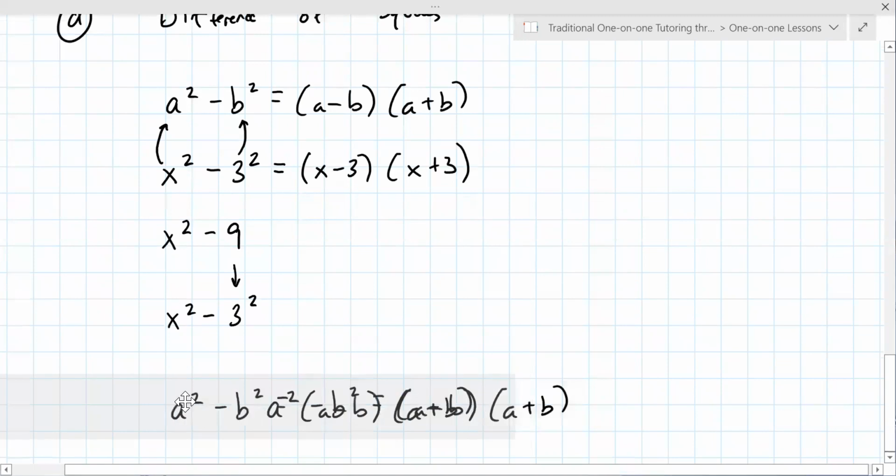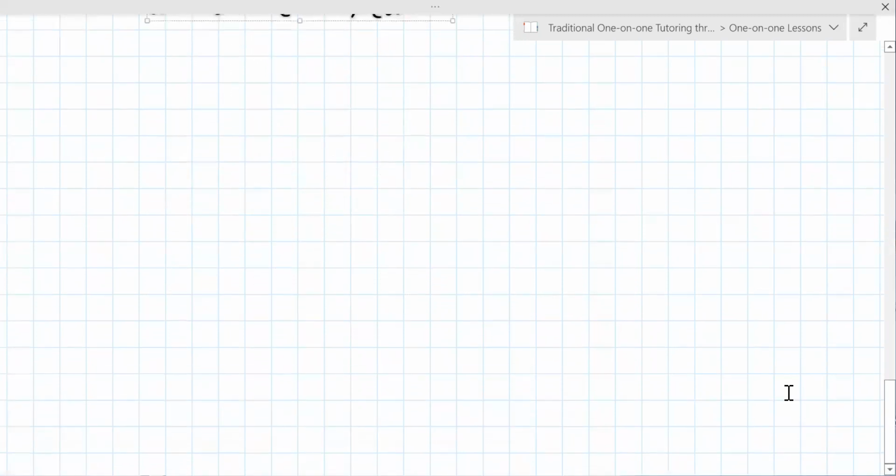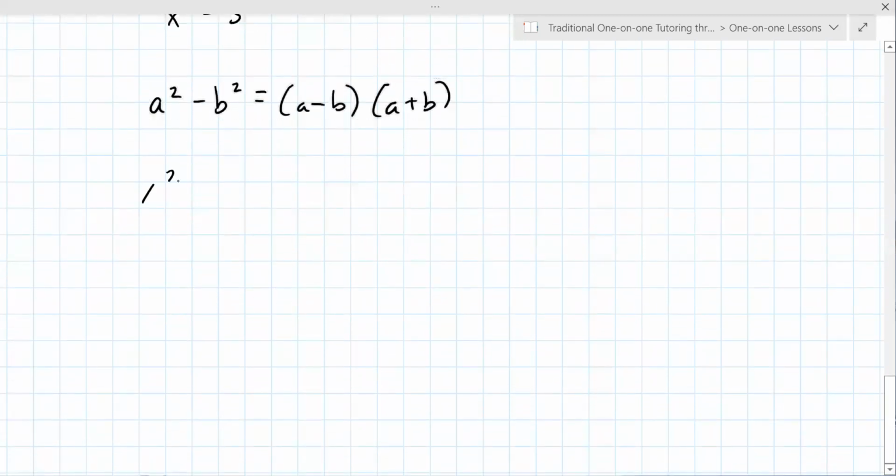So let's say I asked you for something like x squared minus 25. You have to look at the 25 and see it as 5 squared. And so that means a is x and b is 5.